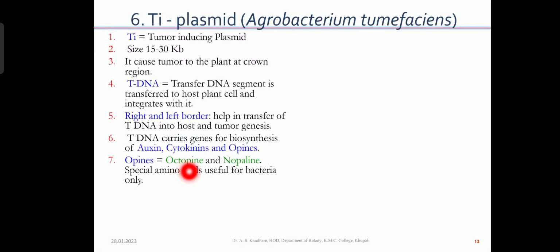So these are the special amino acids useful for bacteria only. So these amino acids are produced after infection into the tumor, and these octopine and nopaline are useful only for bacteria. It is not useful for the plant. Plant के लिए कोई काम की चीज़ नहीं है, ये बैक्टीरिया की ही काम की चीज़ है.